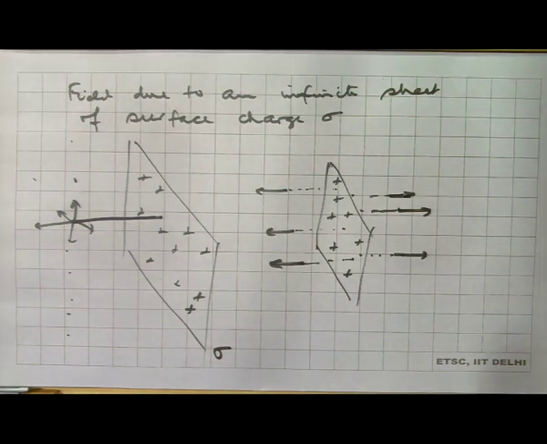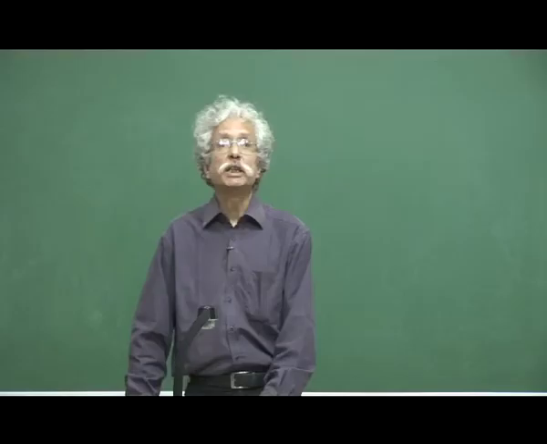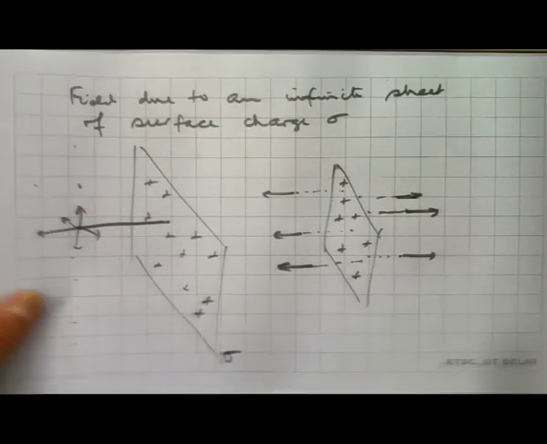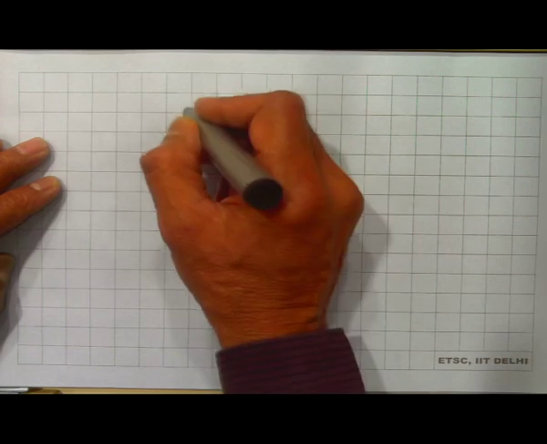So, symmetry tells me the electric field has to be normal to the surface. Symmetry tells me the electric field can only depend on the distance, if at all, from the plane. And using these two, I have to judiciously choose a Gaussian surface which will help me to calculate the electric field. So, the Gaussian surface I choose is as follows.